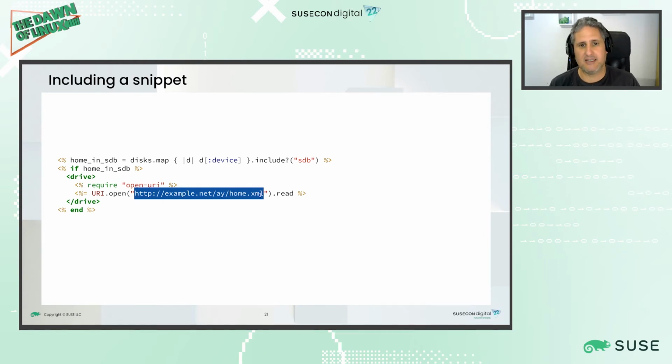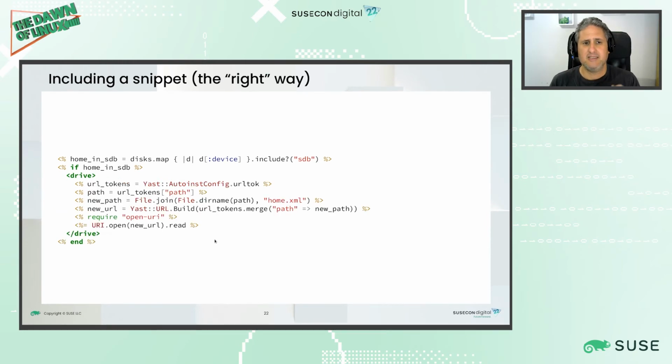And additionally, I cannot use ERB to preprocess those profiles and so on. I'm not talking about the ERB preprocessing because that's not included here. But if you would like to be able to move all your profiles to another place without adjusting the URL, you can do this.